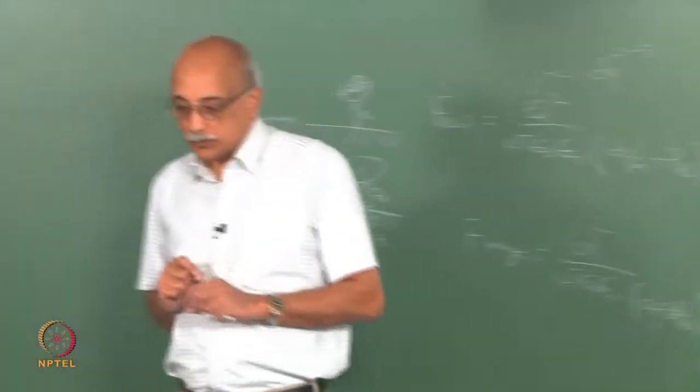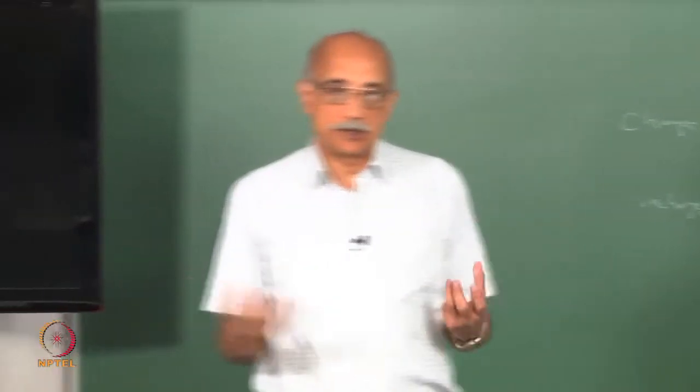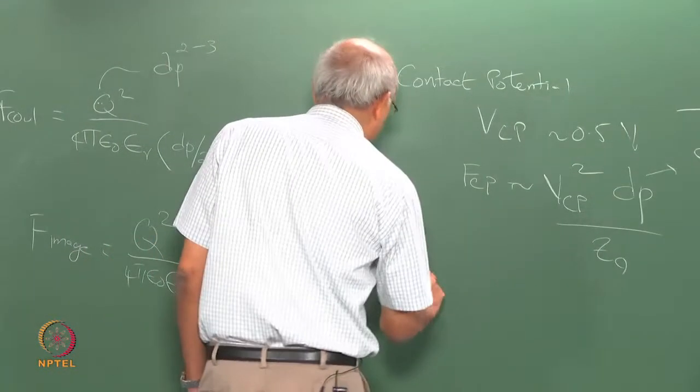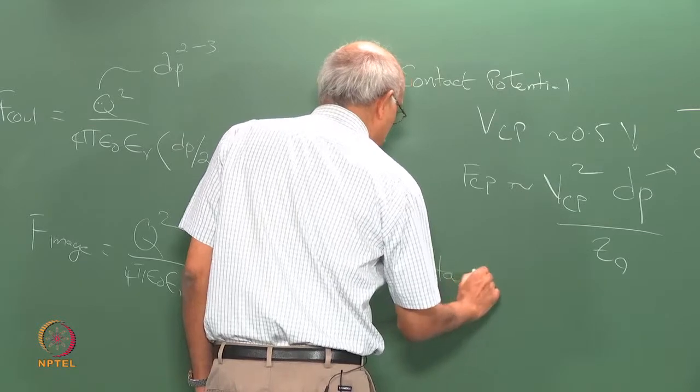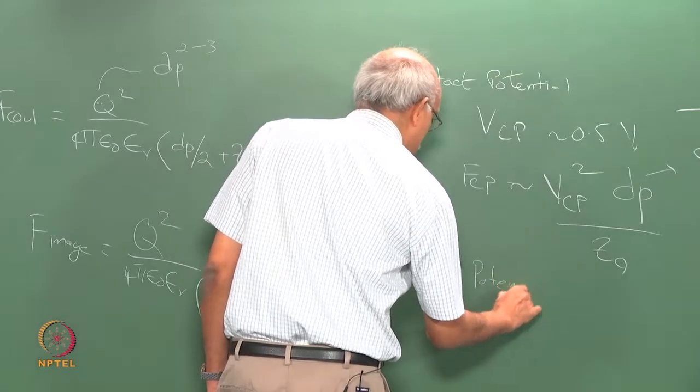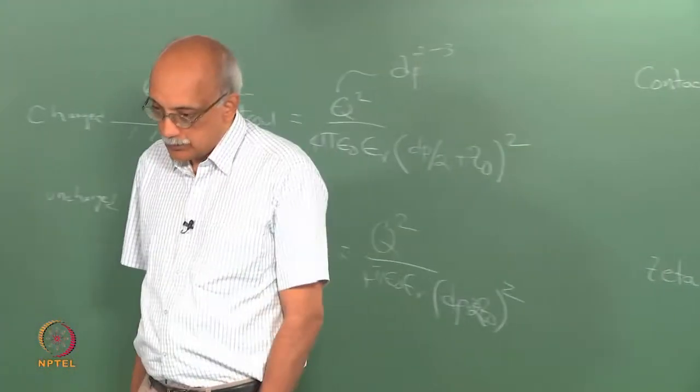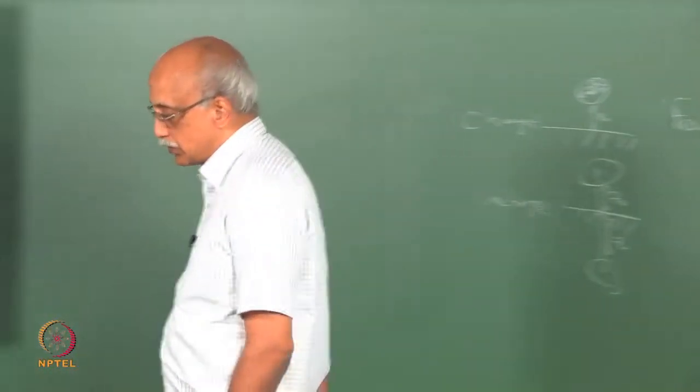The equivalent of the contact potential for particles that are immersed in a liquid is the zeta potential, also known as the ionic double layer force.